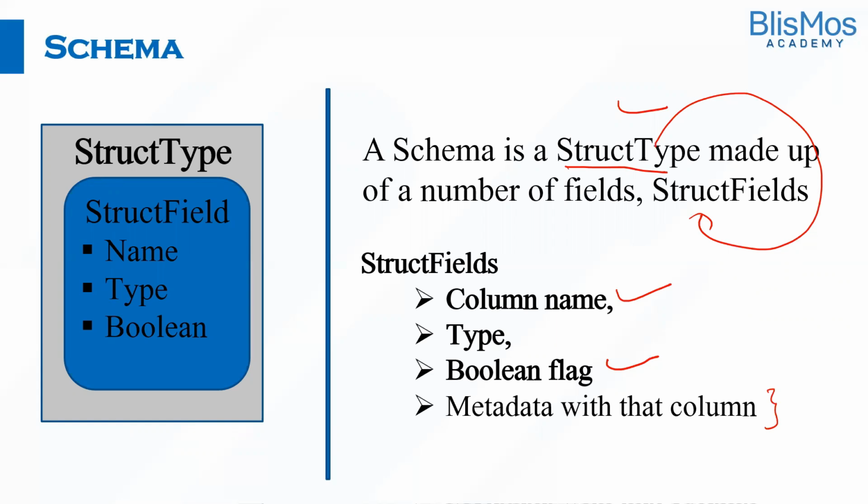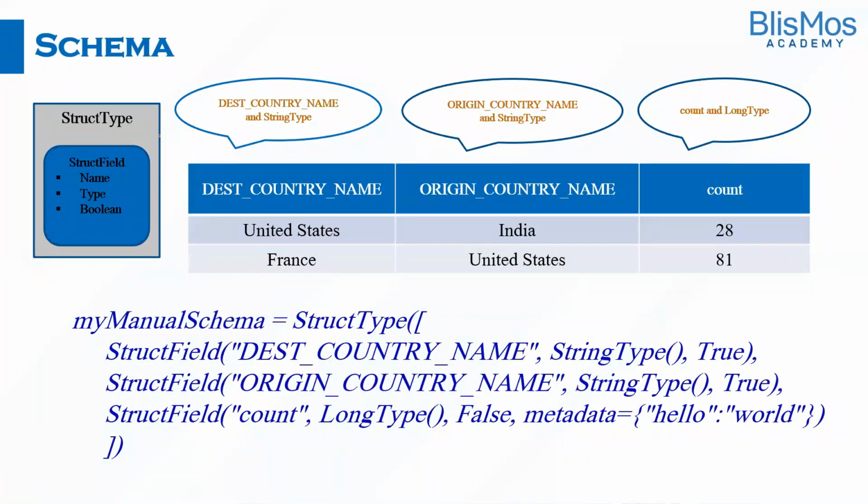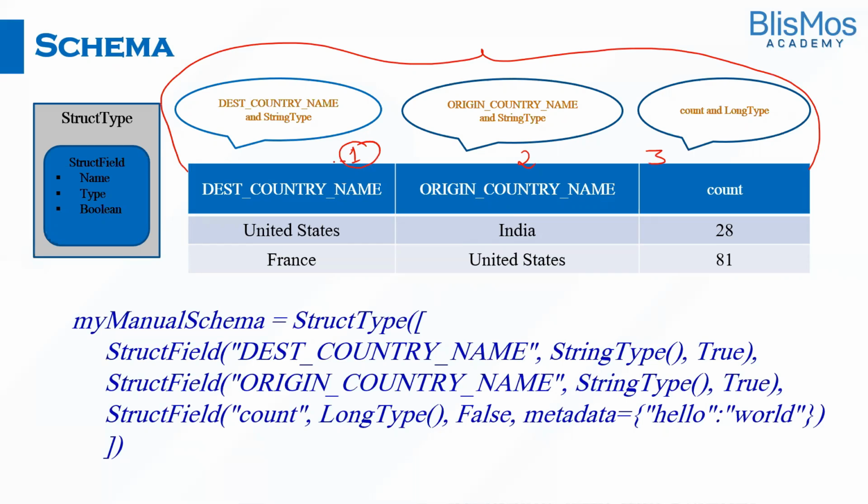We'll try to understand all these things with an example here. Assuming that I want to define a schema for this particular data frame, which has 3 columns, first, second and third. The first column name being destination country name, the second column name being origin country name, the third column being count.